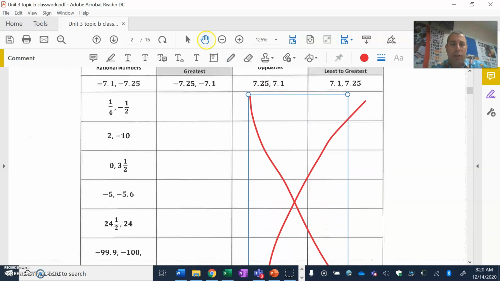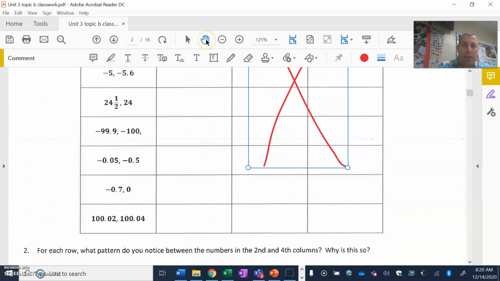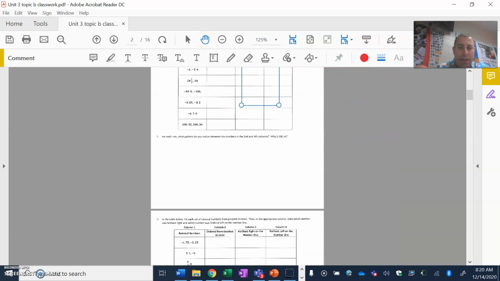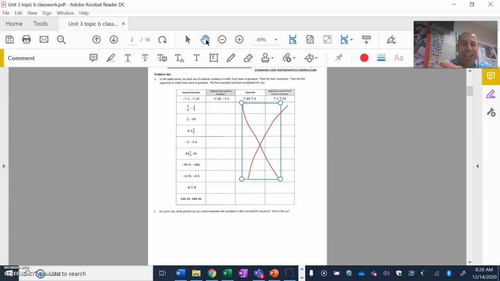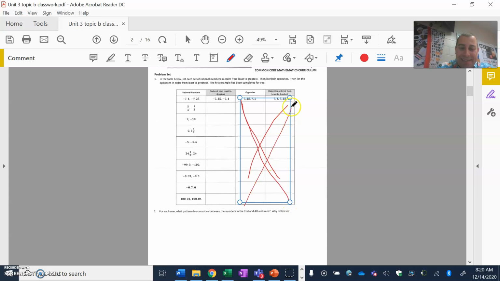Now, if you want to, you certainly can. All we're worried about is these, which says least to greatest. Okay, that's it. And see if you find the pattern that's there. Actually, don't, because you're not doing those columns. So we can edit all of that out.